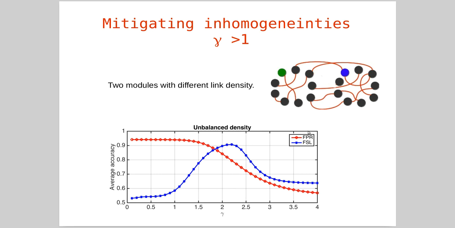On the other hand, and it is quite interesting, the fractional PageRank is actually performing better in another gamma regime, which is up to 1.5, and then its accuracy decreases.